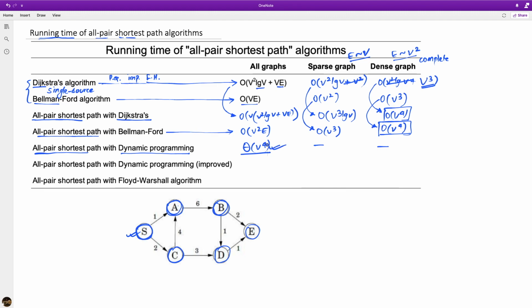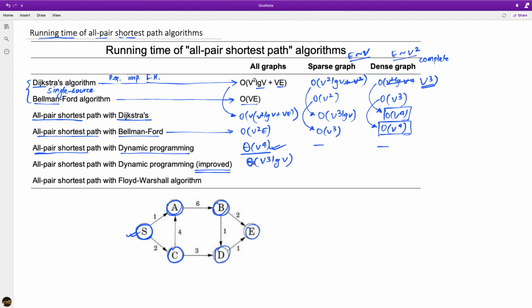So this isn't very exciting because this is the same as the time we would need if we called Bellman-Ford or Dijkstra's V times. But with some improvements to this dynamic programming algorithm, it can actually run in big theta of V cube log V time, which is an improvement.